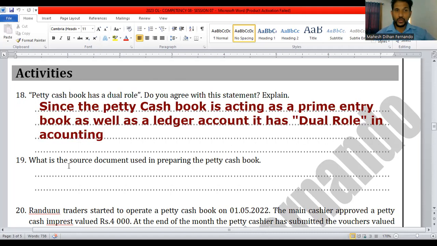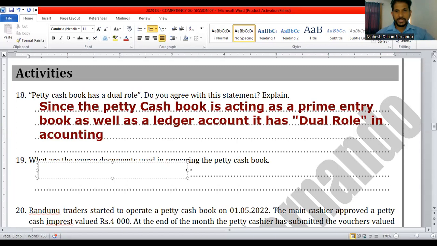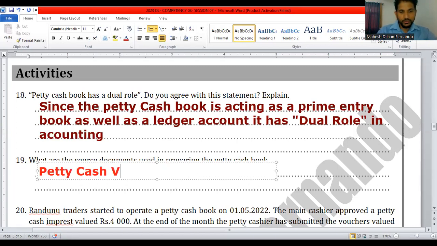What is the source document used in preparing the petty cash book? What are the source documents? That is the petty cash voucher.